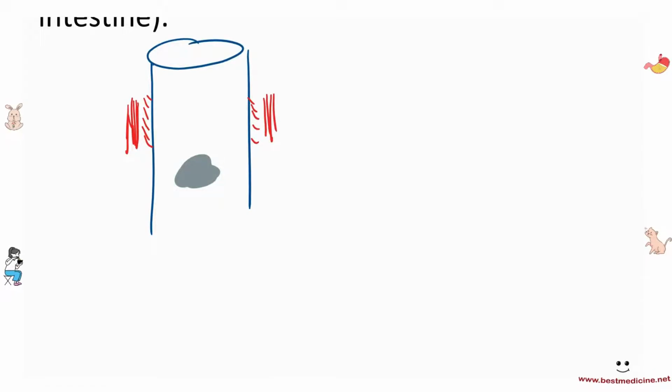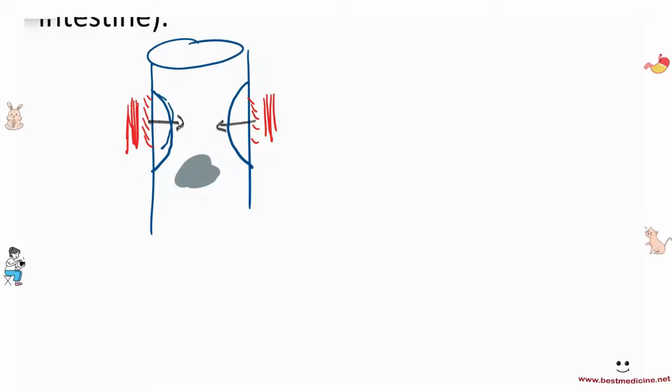Now, when it wants to push the food along, it will contract the circular muscles from the top of the food, which causes the esophagus to move inwards, kind of like this, okay? So it will go like this and be able to push the food from the top.